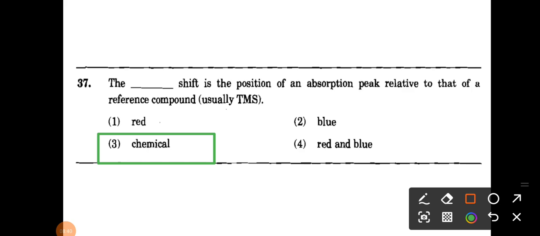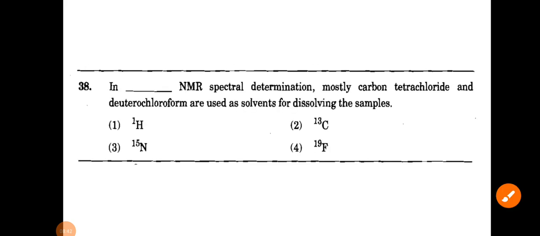the NMR spectroscopy, right? For the next one, in dash NMR spectral determination, mostly carbon tetrachloride and deuterochloroform are used as solvent for dissolving the samples. So again this question is from NMR, right? The options are proton, carbon 13, nitrogen 15 and fluorine 19.